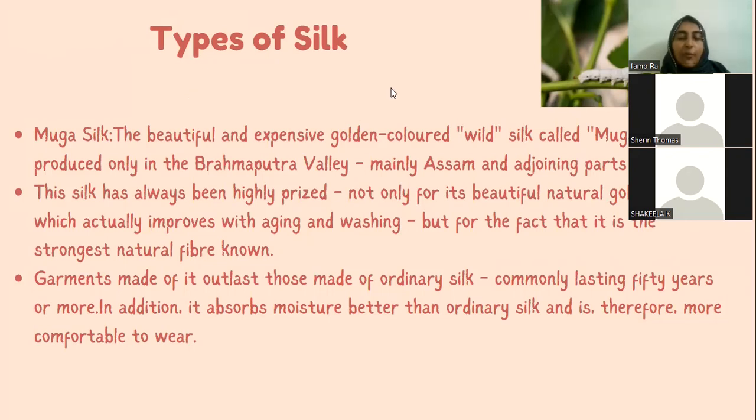So even though it is a wild silk, it is very highly priced, and it is good also. Garments made of it outlast those made of ordinary silk. It lasts up to 50 years or more, and it also absorbs more moisture compared to ordinary silk. That is why it is more comfortable to wear, but it is not very commonly found.